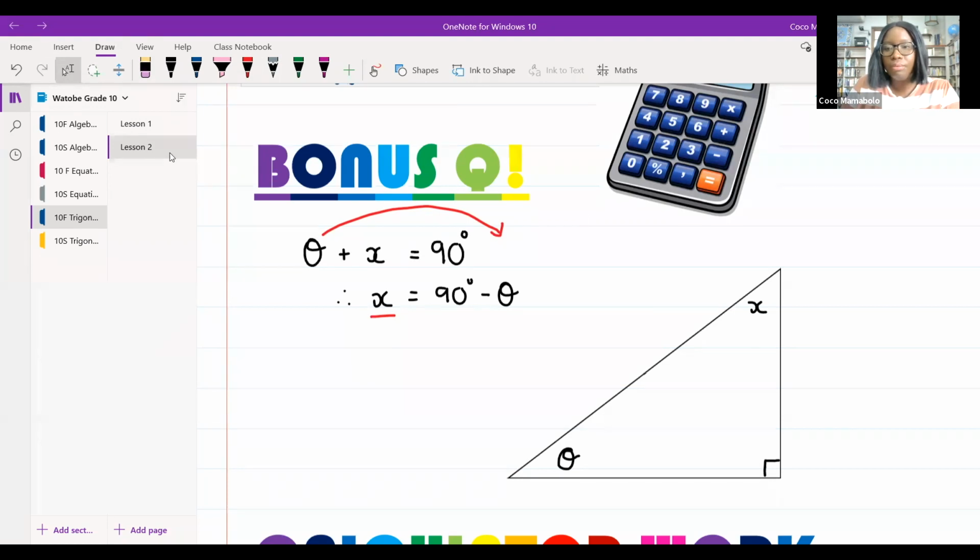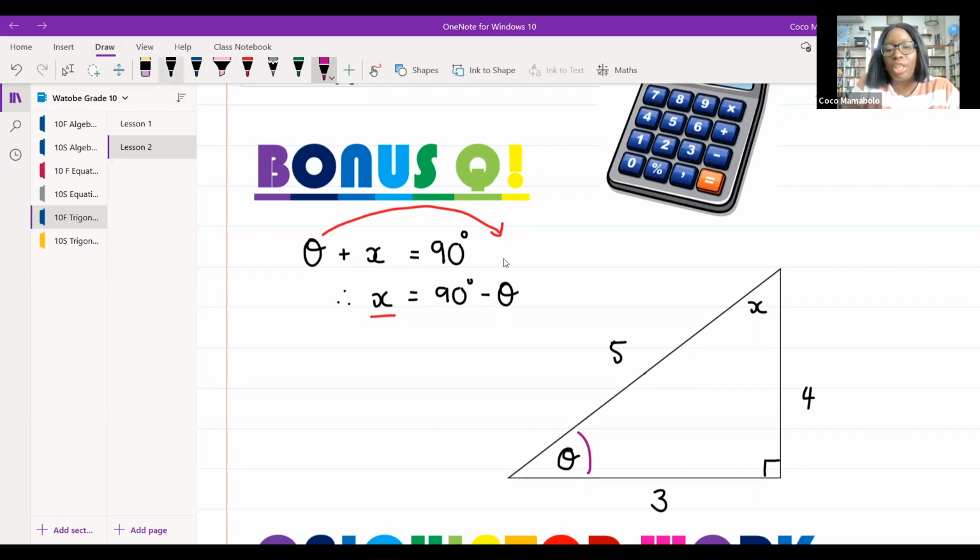Ma'am, will theta ever equal something? Yes, it will. But remember, when we're working with sine, cos, and tan, we're going to get a number, 3, 4, and 5. We have to take these ratios and figure out what the angle is. That's why for now we are just going to call it theta, because we don't know what the actual answer for the angle is.